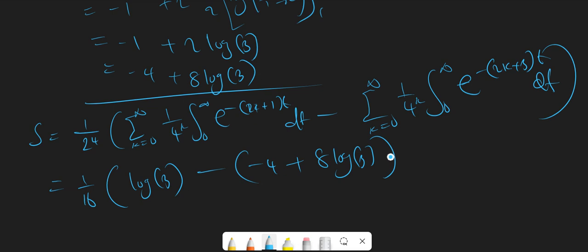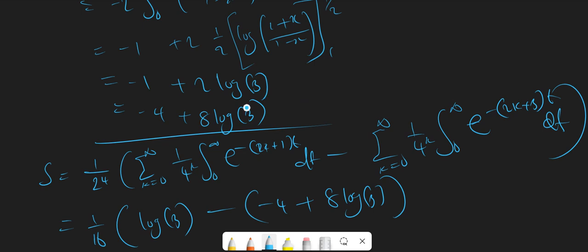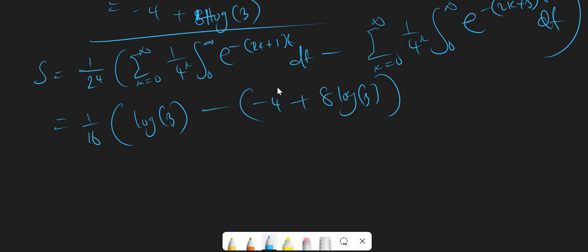Okay, no, this is not 2 log 3, this is just log 3, so this will just be 4. This is just 4, to be sure. So you have 1 over 16 times log 3.